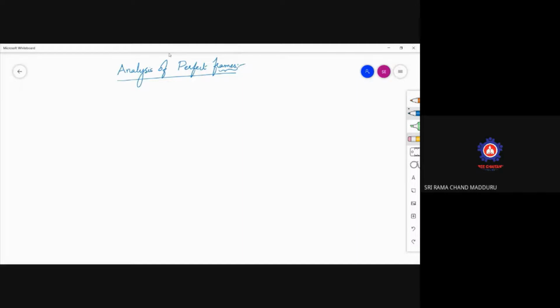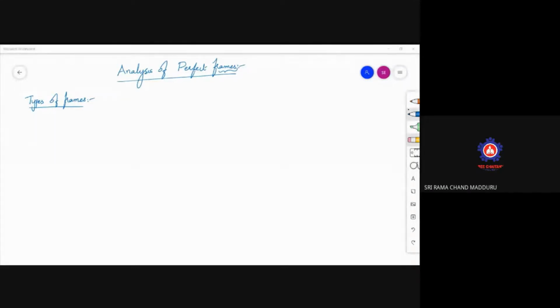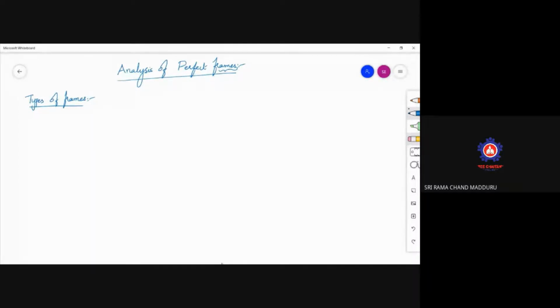Majorly, we can classify these frames into two categories. One is plane frames, and the second is space frames.